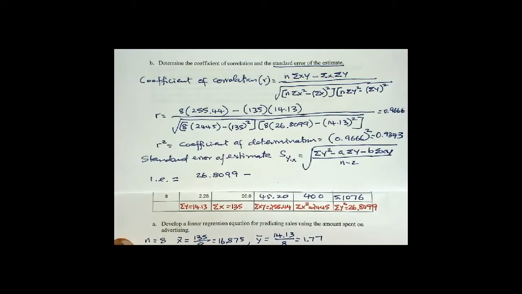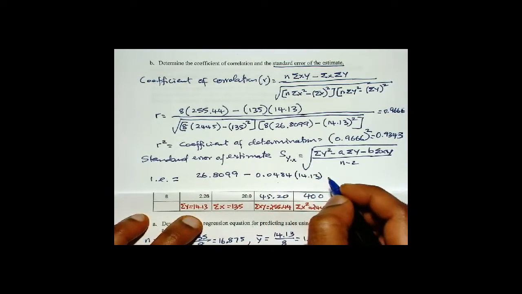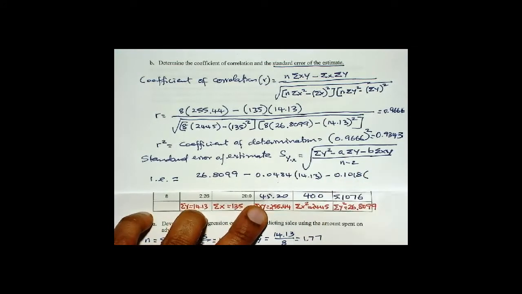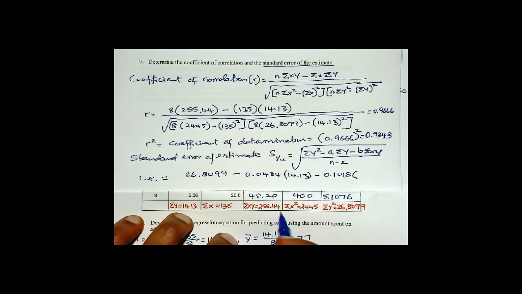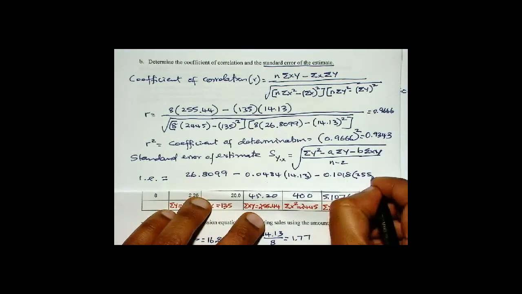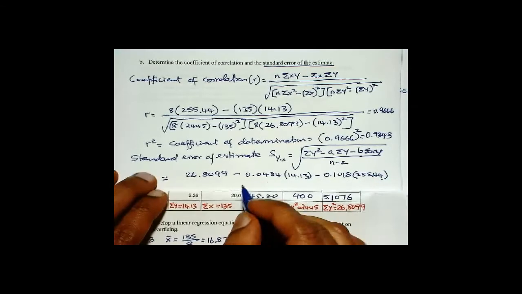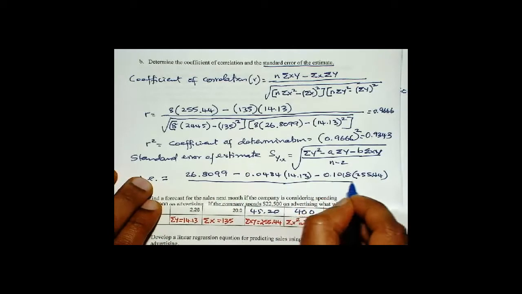So sum of y squared, which is 26.8099, minus a, which is 0.0484, times sum of y, which is 14.13, minus b, which is 0.1018, times sum of x times y, which is 255.44, and this divided by 8 minus 2, n minus 2.